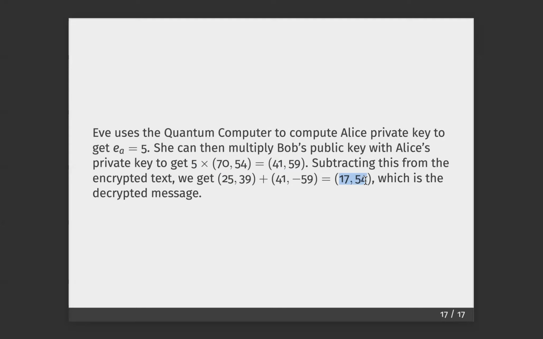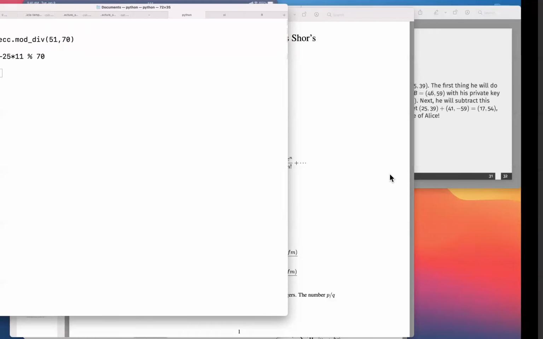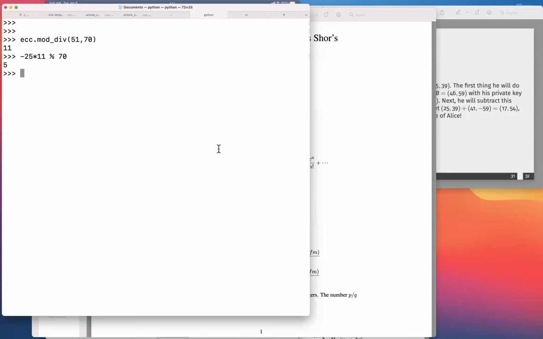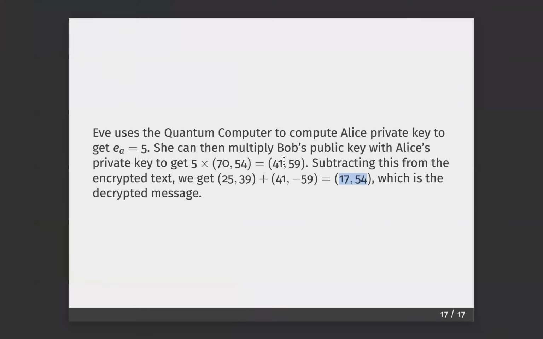So let's do that. 5 times 7054. That's actually ECC.mod_mult of 7054 and 5. It's 4159, this one here. And then we add the negative of it to 2539.